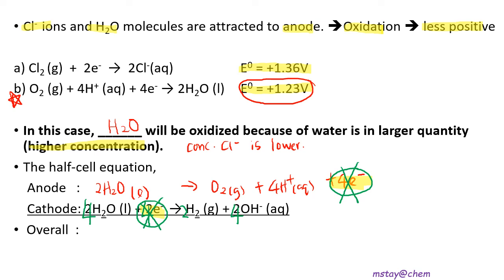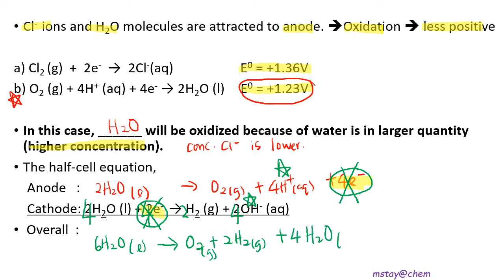So 2 mole of water plus 4 mole of water, here we have 6 mole of water, and then produce 1 mole of oxygen gas and 2 mole of hydrogen gas. Then you will notice that here we have 4 mole of H+ and 4 mole of OH negative, which are able to form 4 mole of water. So then here we notice that water is present at both the left hand side and the right hand side.